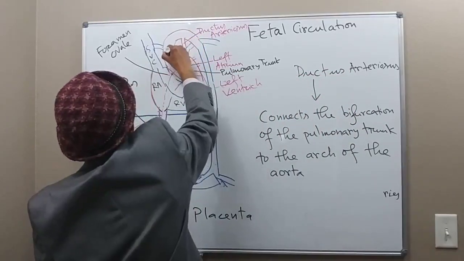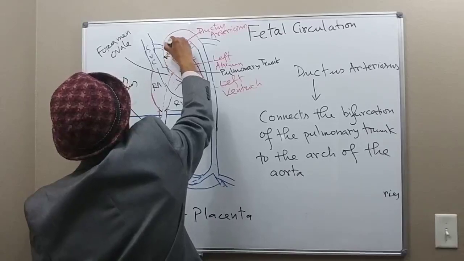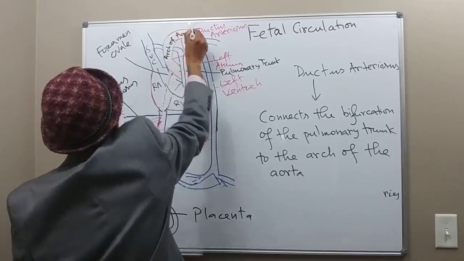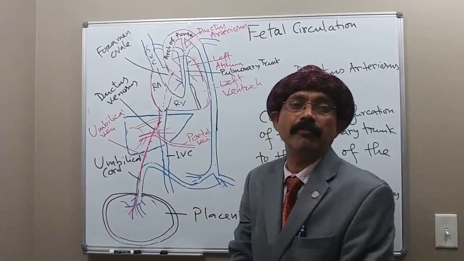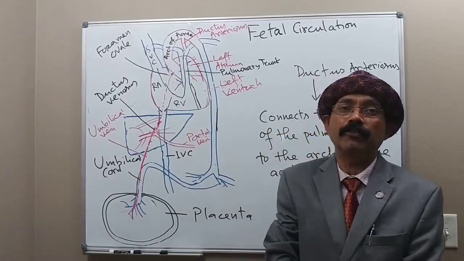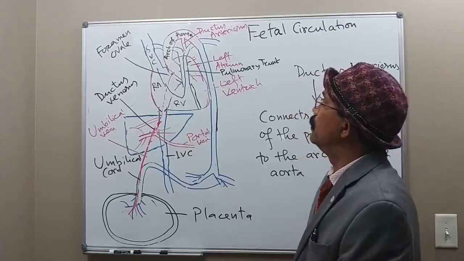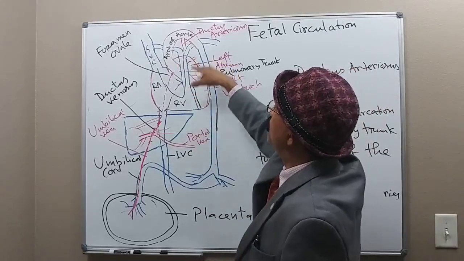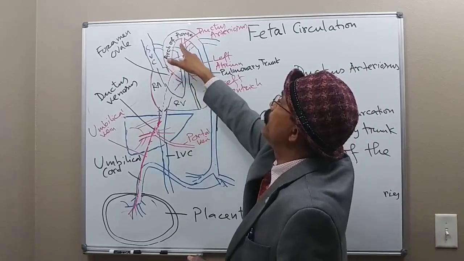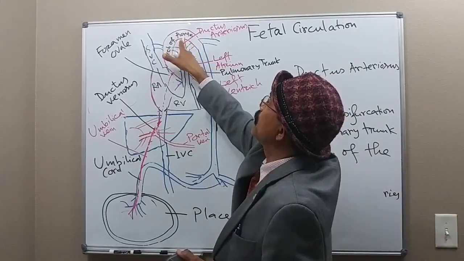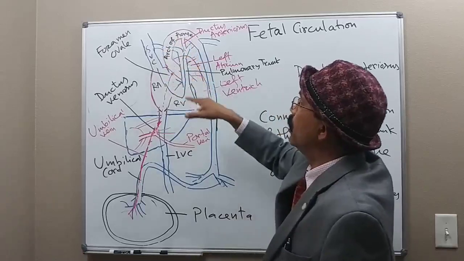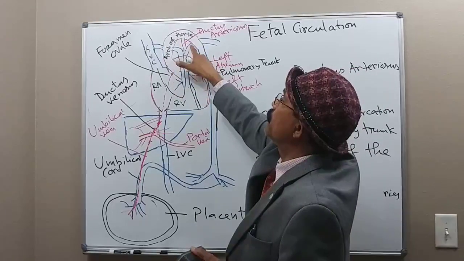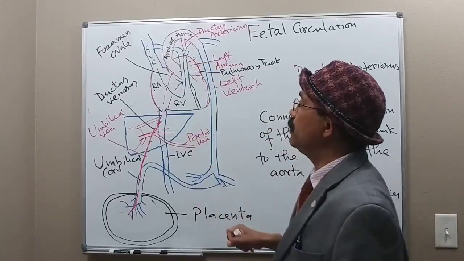The connection between the bifurcation of the pulmonary trunk and the arch of the aorta is the ductus arteriosus. So from the right ventricle, blood goes through the ductus arteriosus to the aorta. Most of the blood goes this way, while some goes to the lung via the left and right pulmonary arteries.